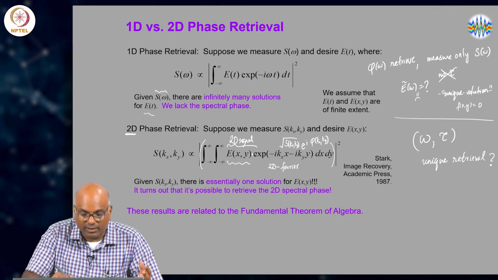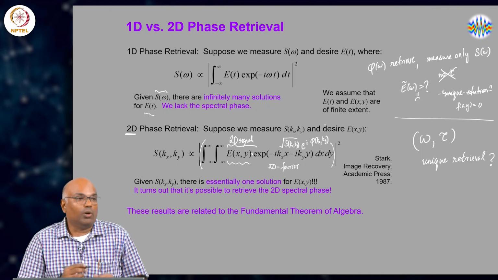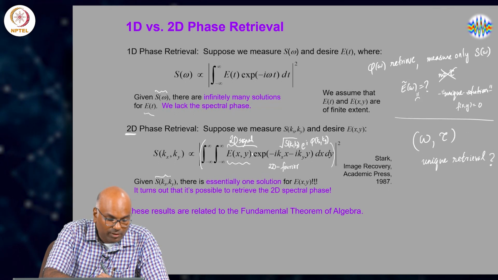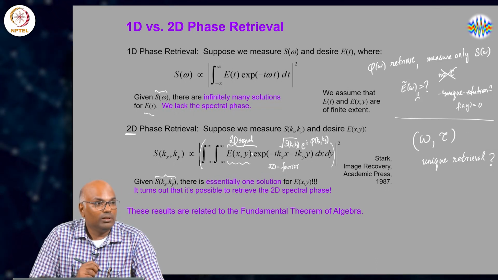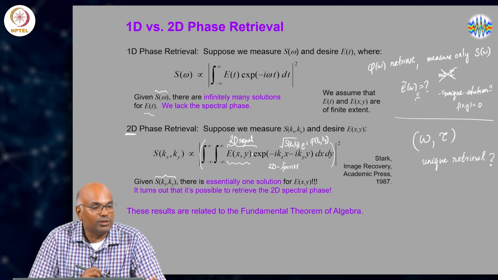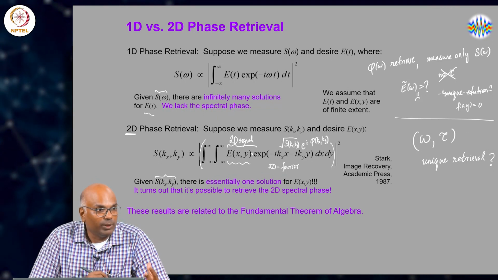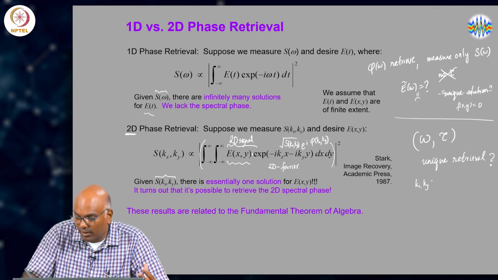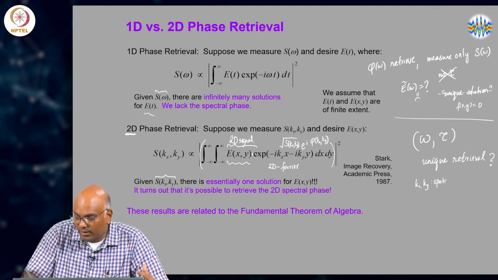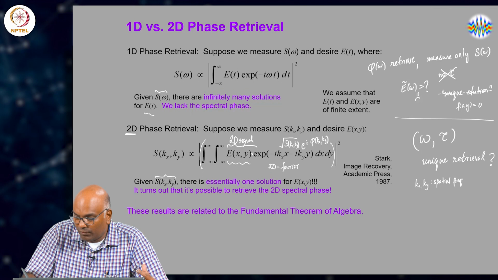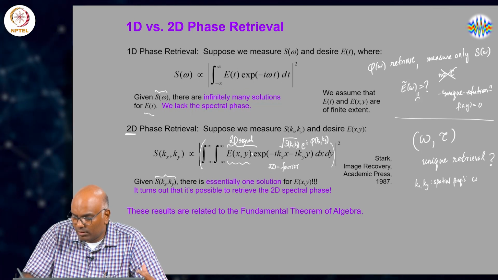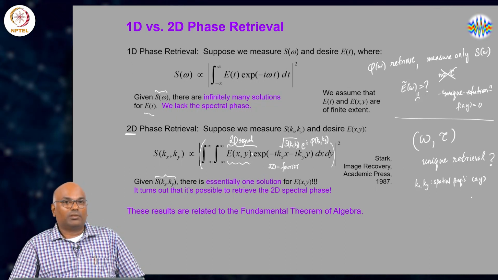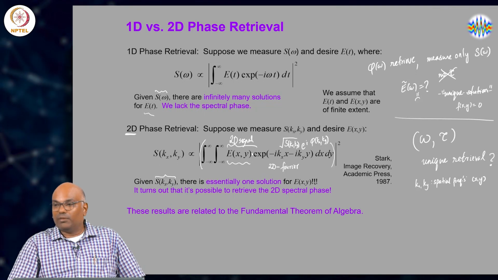In mod squaring it, I simply threw away the phase information and got only this. Now, it so turns out that in 2 dimensions, knowing S of kx, ky, which is the 2-dimensional spectral domain information, although this is a spatial frequency. What is kx? What is ky? These are spatial frequencies, where x and y are the variables of interest.